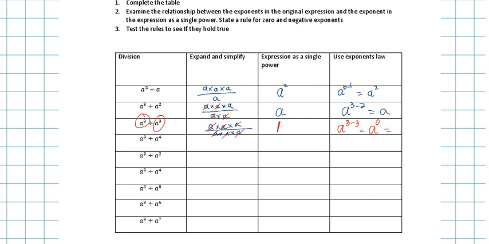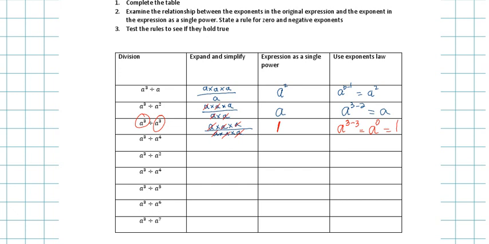This is one of the rules. Anything, no matter what it is. It could be a billion. It could be a letter. It could be a sentence. As long as it's to the power of 0, it is equal to 1. Okay? And I just showed you that because everything simplifies, and then you're dividing by itself, so it's equal to 1. Are you guys okay with this?